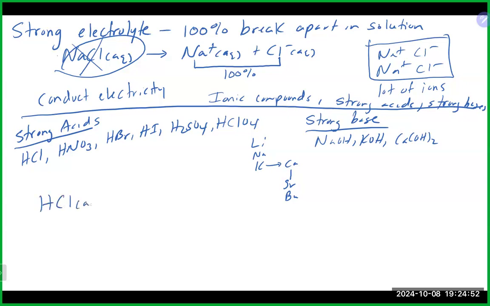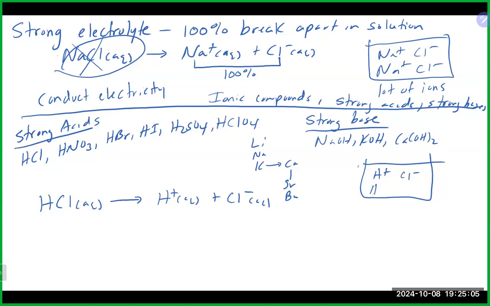So if you had something like hydrochloric acid in solution, it would 100% break apart into H+ and Cl-. And what makes something an acid is the ability to produce free floating H+ in solution. Since it's going to completely break apart, you just dumped a bunch of H+ into that solution, and that's why it's a strong acid.